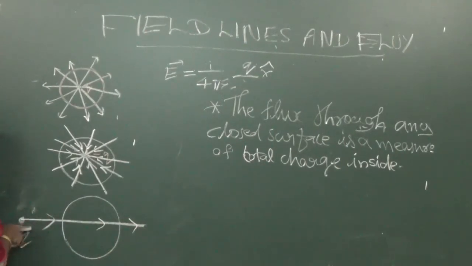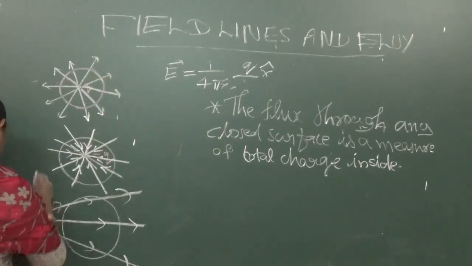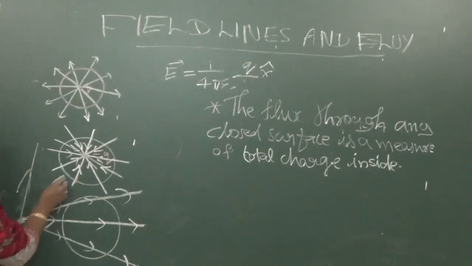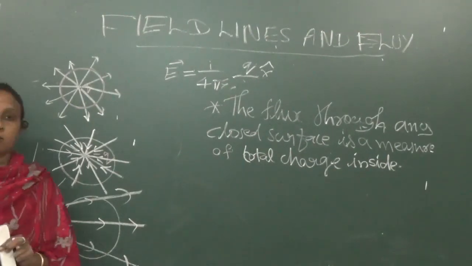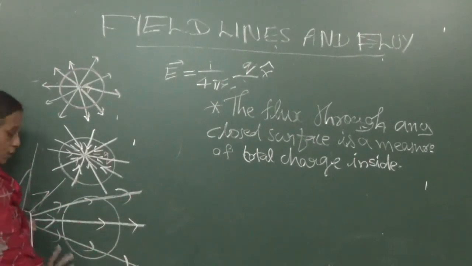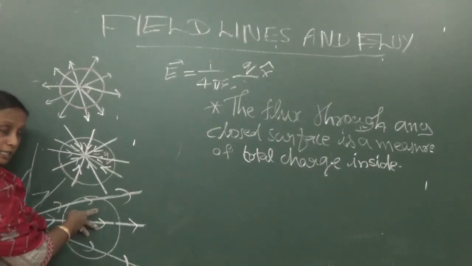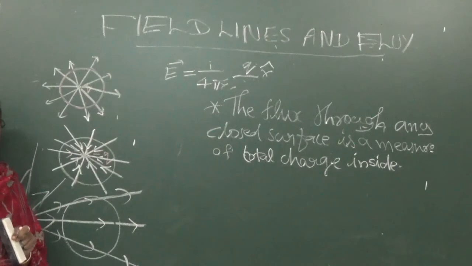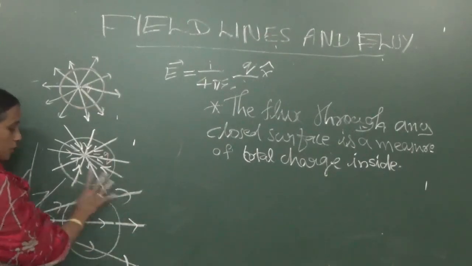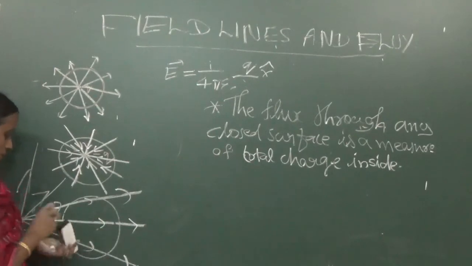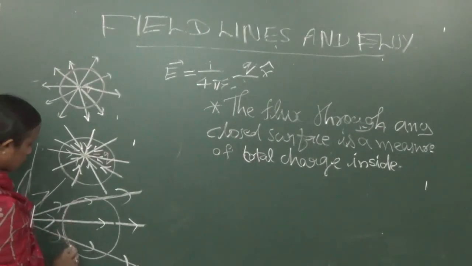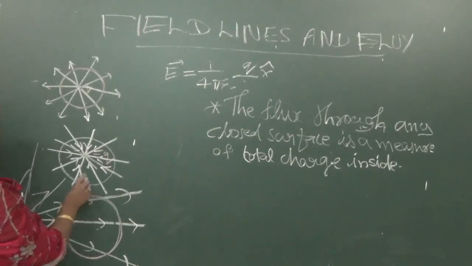So electric field lines come inside and go outside, because as many field lines enter, that many field lines go out. So there is no flux through this surface. There is no flux here.